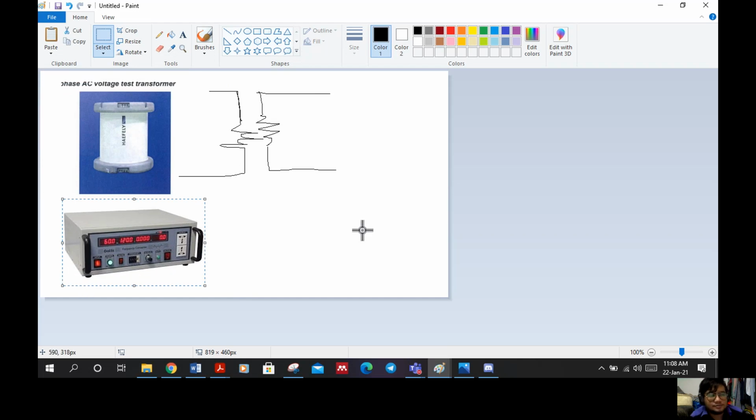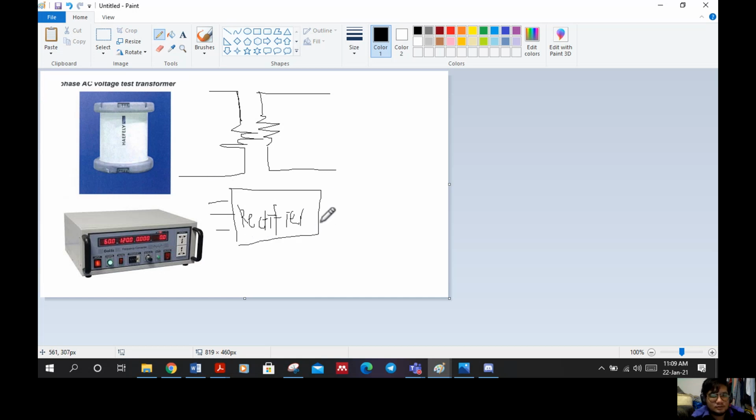So the basic schematic is using the rectifier, and the circuit, and lastly the inverter, and motor. So this is using the frequency converter.